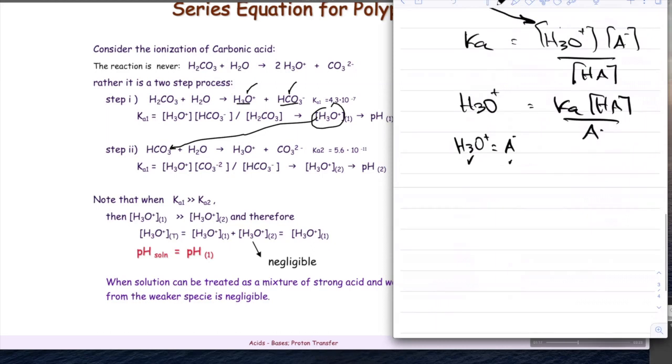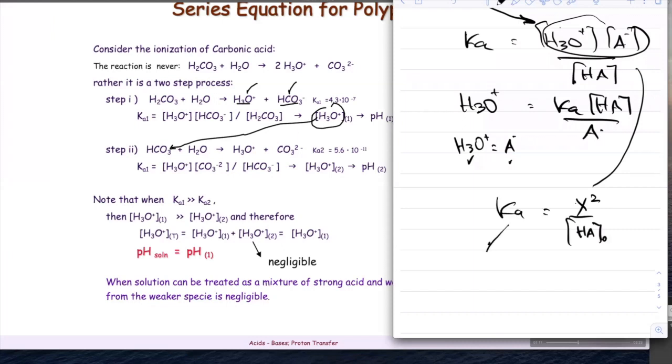Then we can simplify this equation and say that this term becomes x squared over HA, that's the initial, is equal to Ka. So in other words, whenever you have a weak acid and you can do the simplifying assumption, you always want to do this: hydronium ion concentration is equal to the square root of Ka times HA initial.